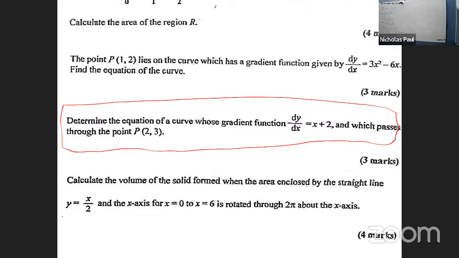All right, let's correct it. Everybody still working? Two more minutes again.